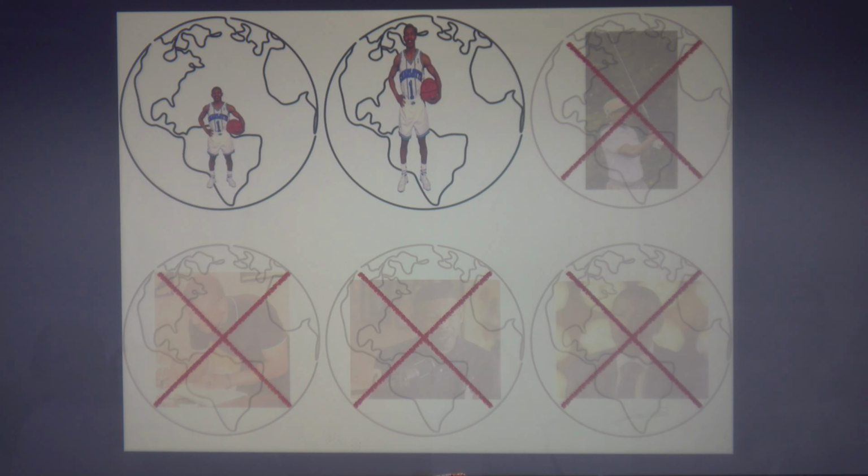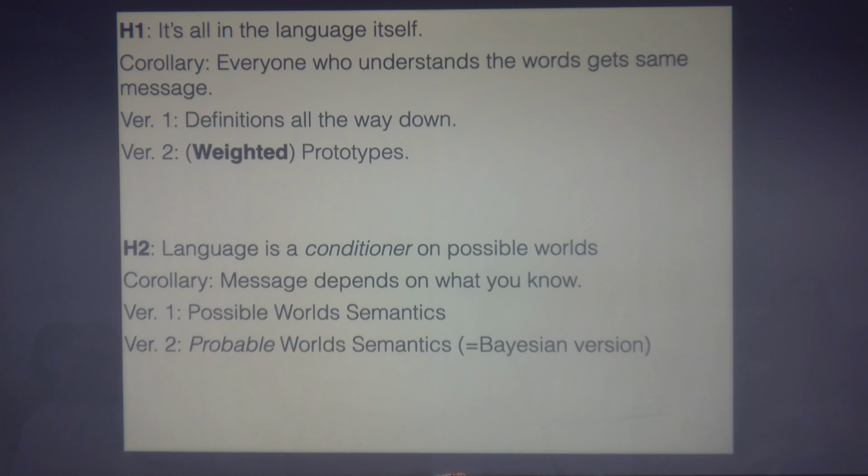The problem here, of course, is why would we think that he was tall, because there are two possible worlds, one in which he's tall and one in which he's short. We can make this probabilistic, though, because some worlds are a priori just more likely. There are lots of ways to be a tall basketball player. It's a rare combination of skills that results in somebody very short being a basketball player. So this is what people often mean when they say possible world semantics.